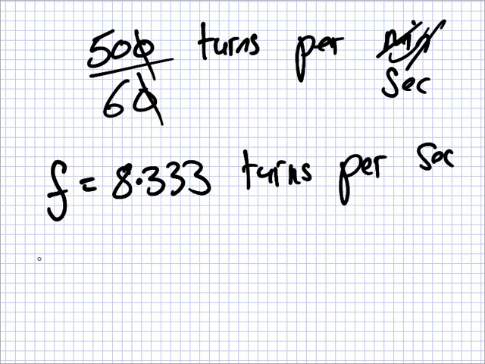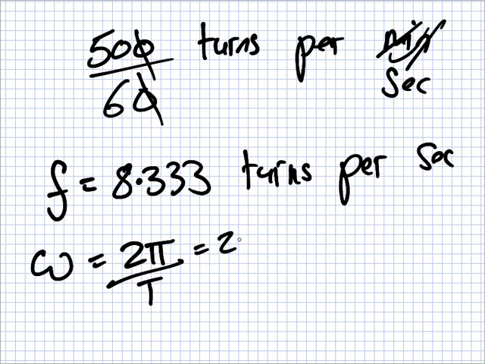Omega equals 2 pi over t. Yeah, now look here. Omega equals 2 pi over t. But do I know what the t is? No. But do I have a formula for t? I do. What does t equal? 1 over f. Yeah. So that's equal to 2 pi f.